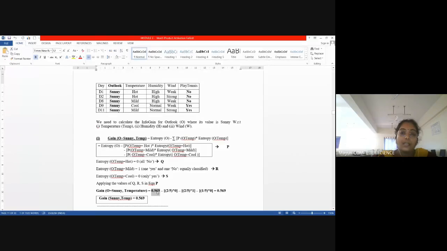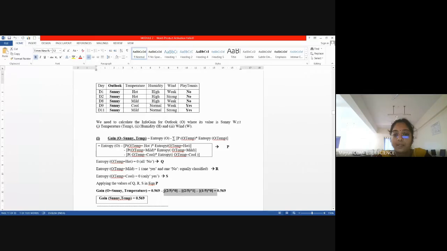That is this. Then after that what you have to do? You have to summate the probabilities of hot, mild, and then cool. How many values are hot out of 5 values? 2 values are hot. So 2 by 5 into its respective entropy. What is the respective entropy? 0. So 2 by 5 into 0.